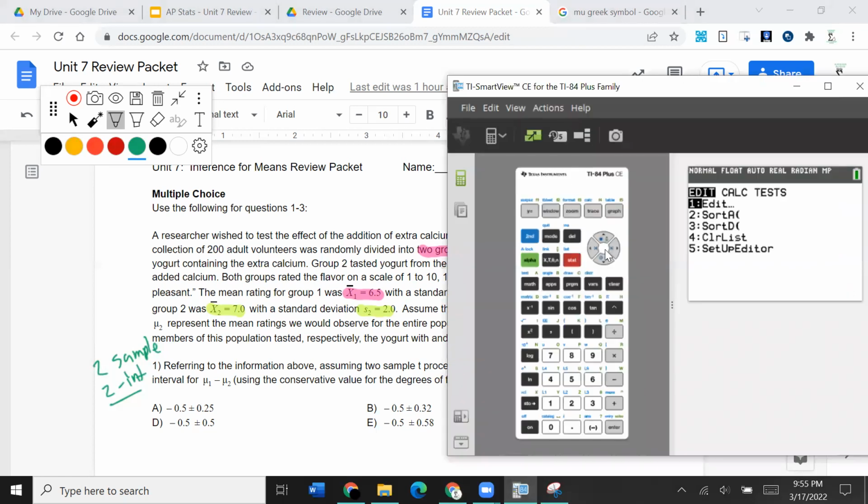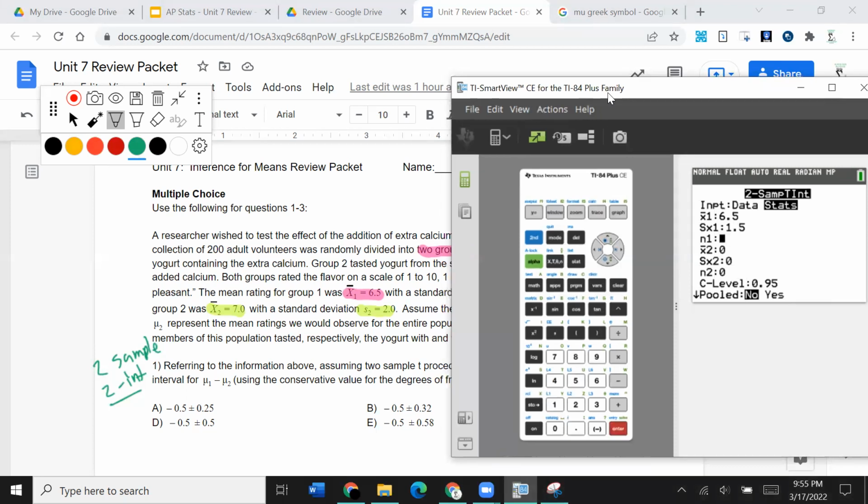And we're gonna go to stat, test. And I think that's option 0, if I'm not mistaken. 2 sample T interval. Go into stats. And let's put our data in. So x1 is 6.5. S of x1 is 1.5.